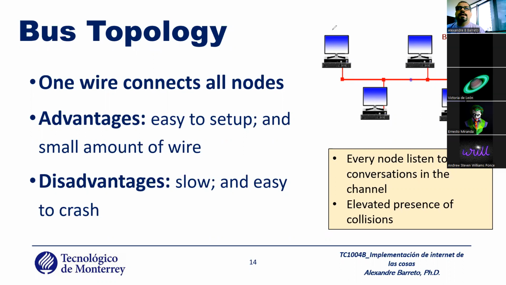Think about this example here. If you have A and B, and you use the same cable, everybody listens. For example, when A sends a message to B, C listens, G listens. And if A and B talk at the same time, you generate a collision and nobody hears what you said.